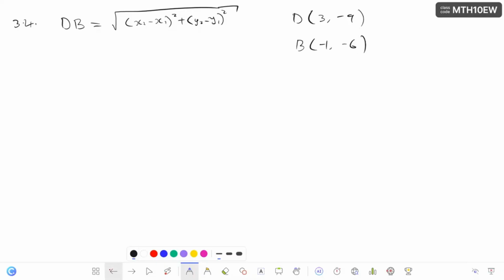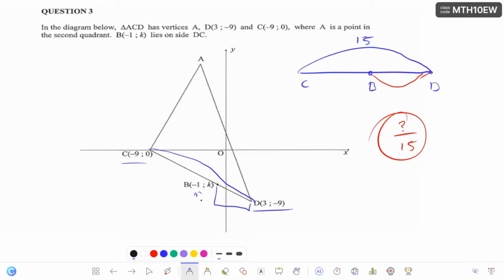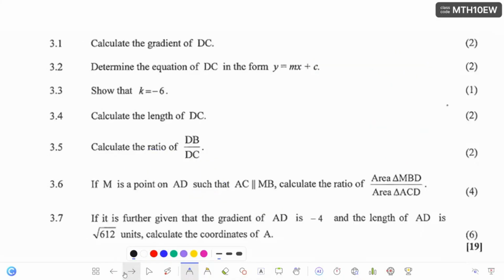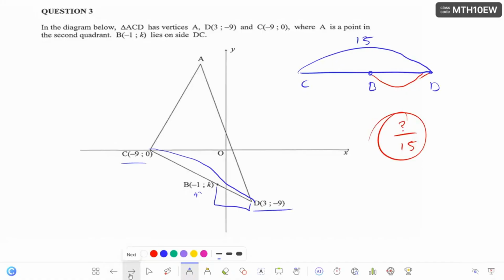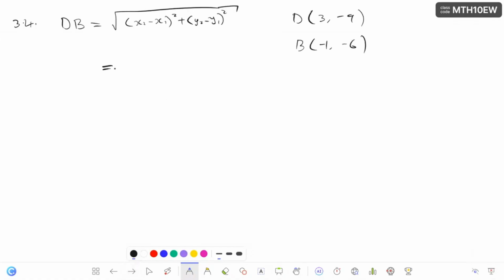Let me check again to verify this. Negative 1 and negative 6, good. 3 and negative 9, yes, good. So now we need to say 3 minus negative 1, squared, plus negative 9 minus negative 6, squared.